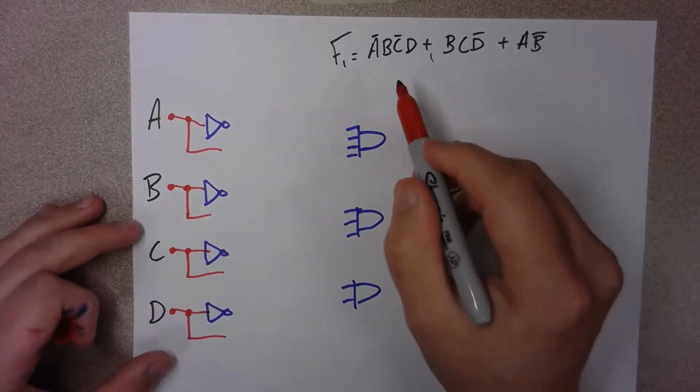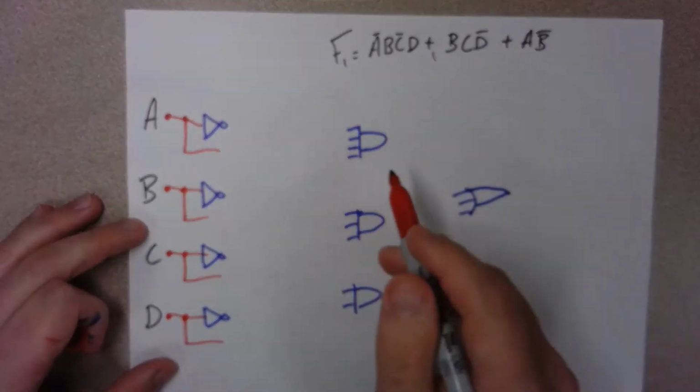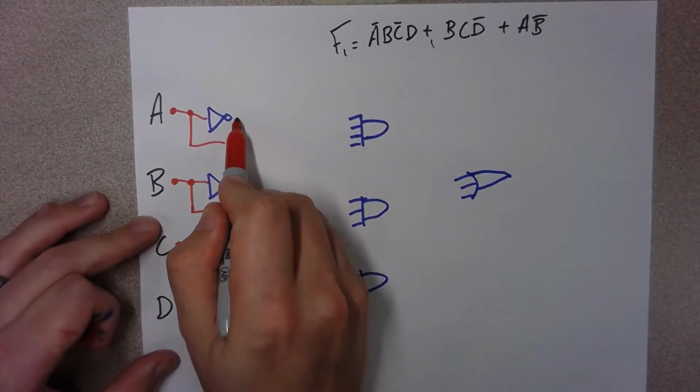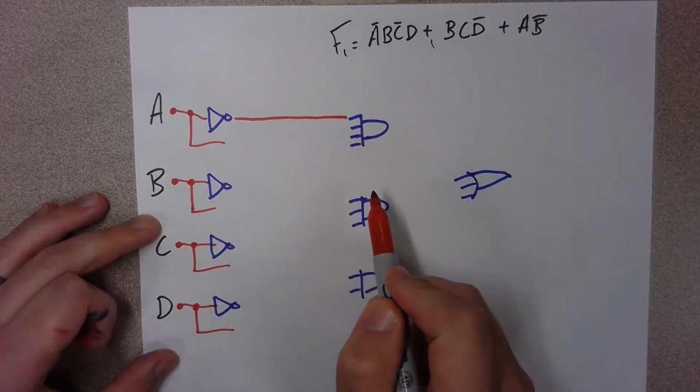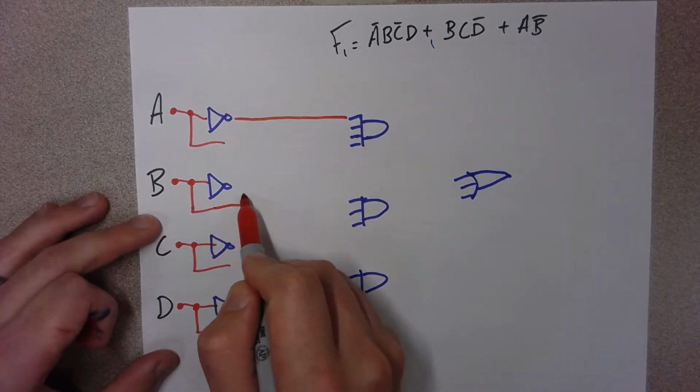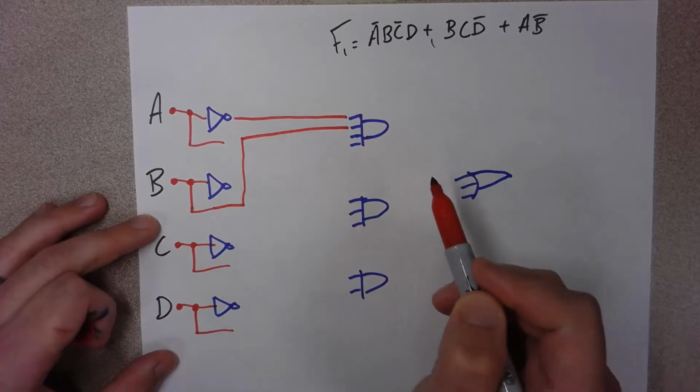So this first one is not A. The next one is B, so we can draw that like that.